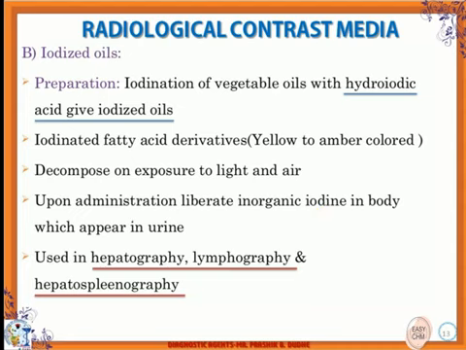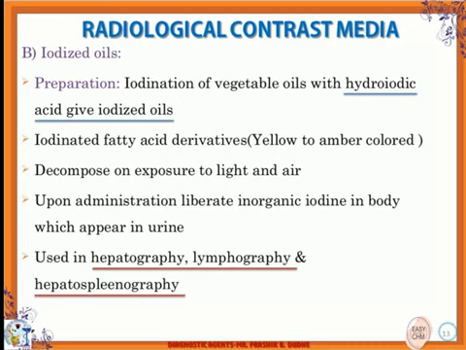Then the second type under the positive contrast media is the iodized oil. These are vegetable oils which are converted into iodinated compounds by iodination with the help of hydroiodic acid, which converts the oil into iodized oil.